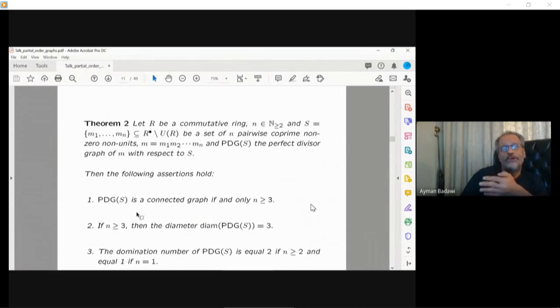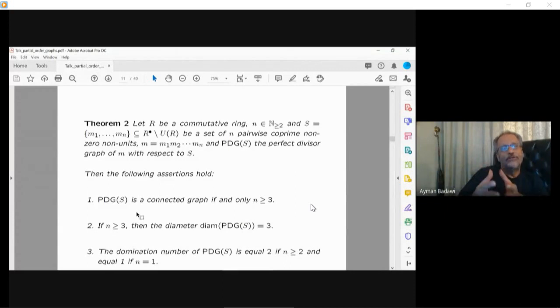Domination number, remember what a domination number is? Let me take you to graph theory. The domination number is the minimum number of vertices you need in a set so that every vertex outside the set is connected to at least one vertex in the set. That's the domination number of a graph in general.